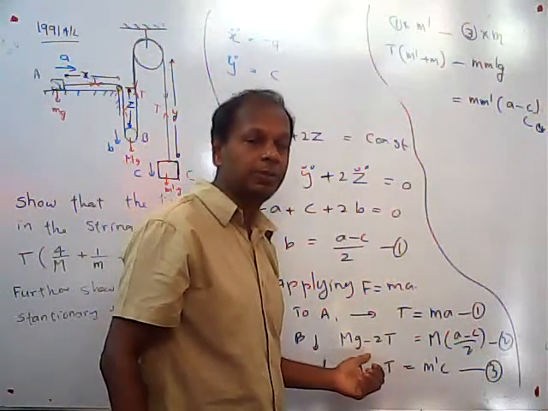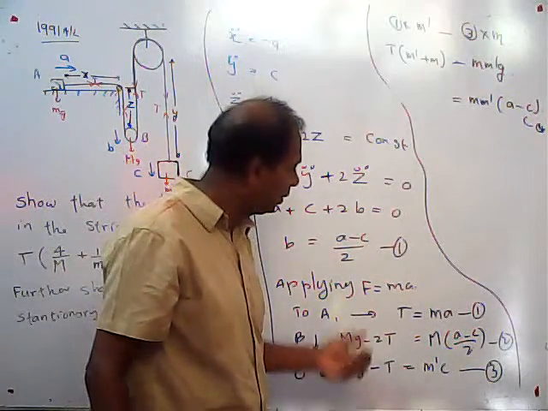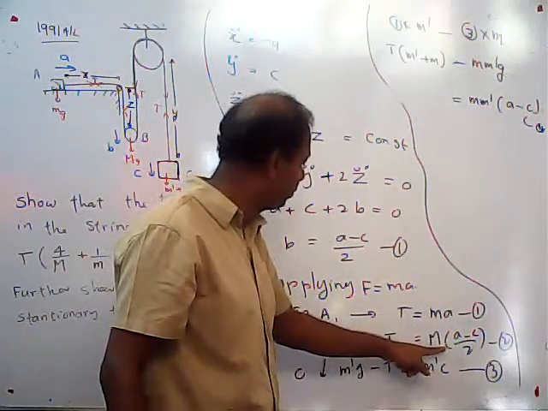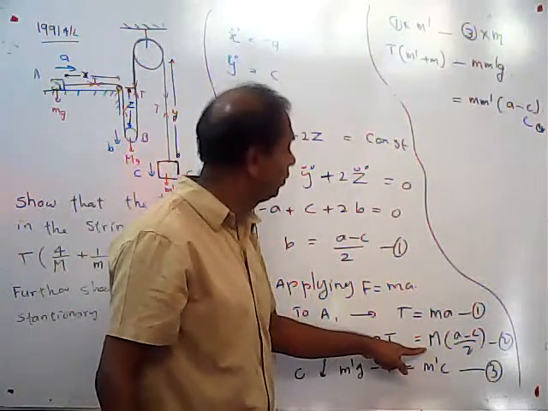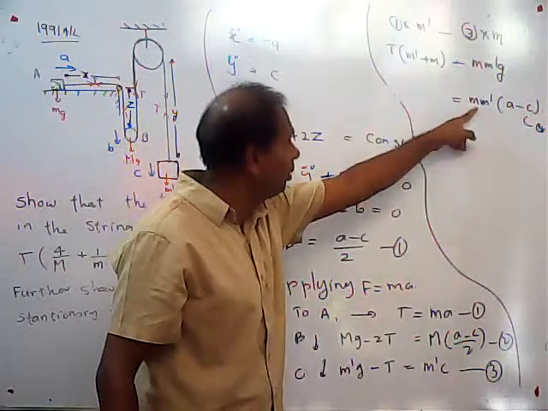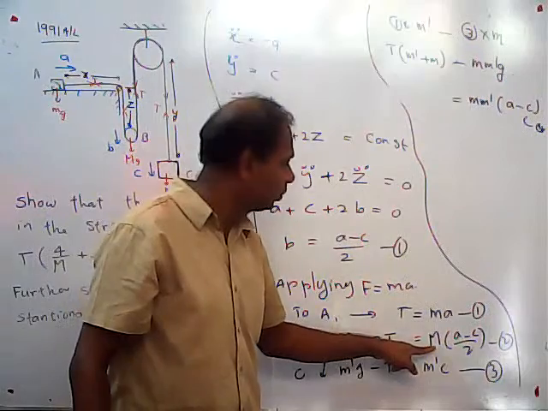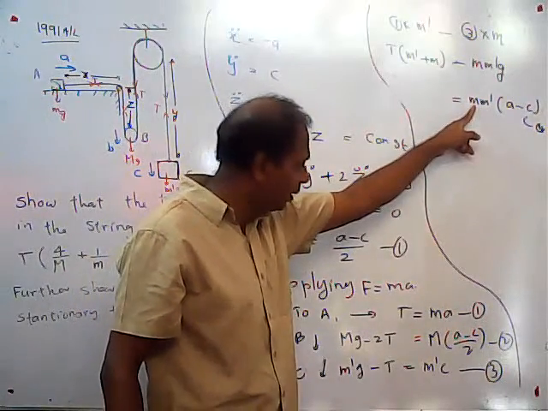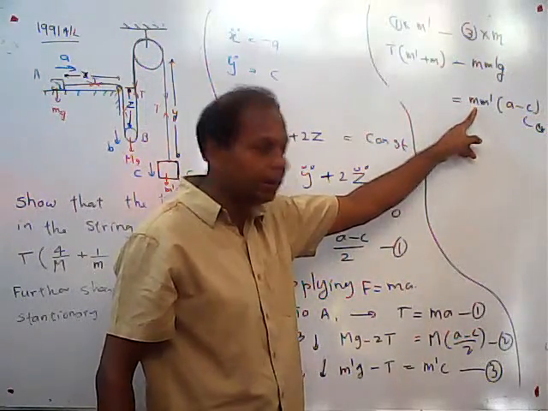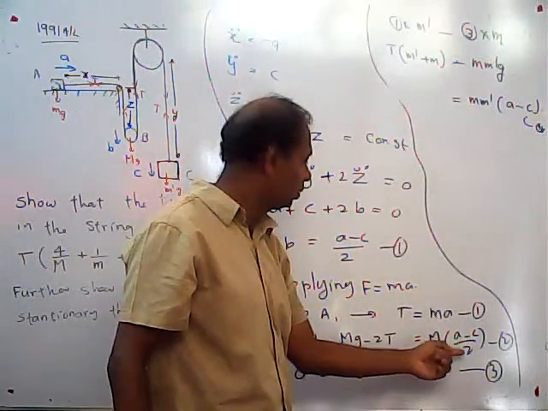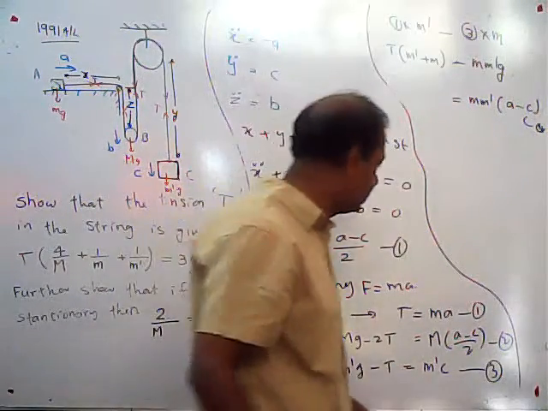So that will give an expression containing t only, no a, no c, right? To get rid of a minus c, better we multiply this by 2m dash, this by just capital M, and subtract.